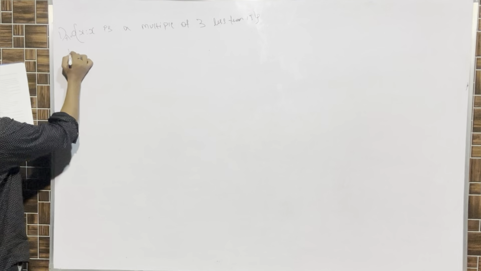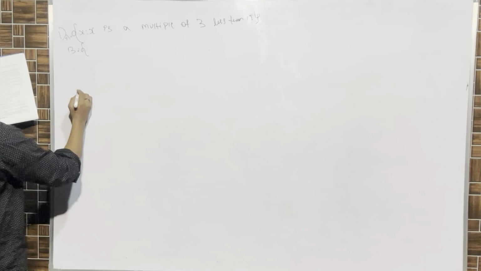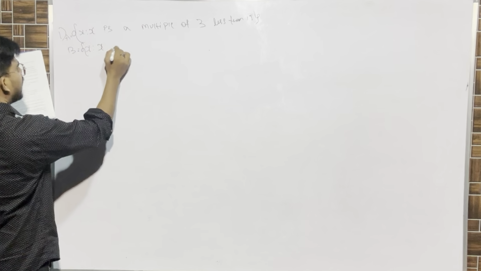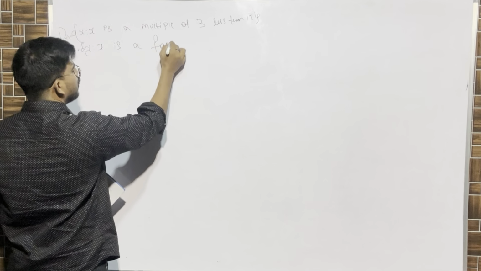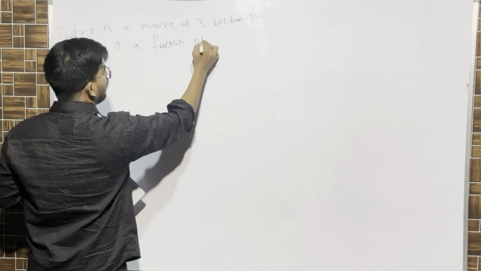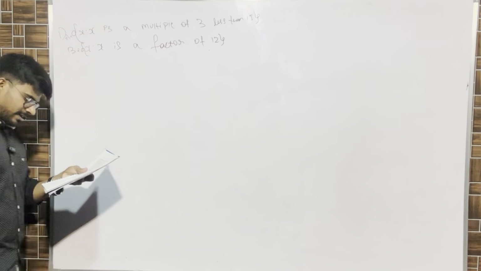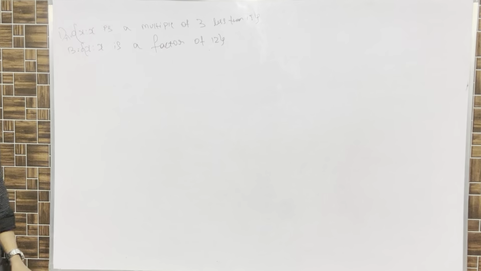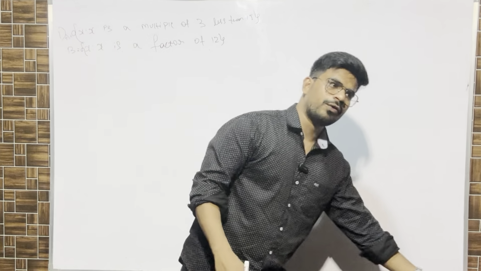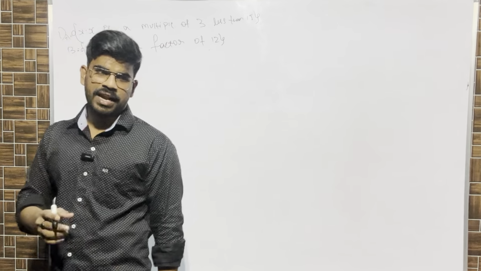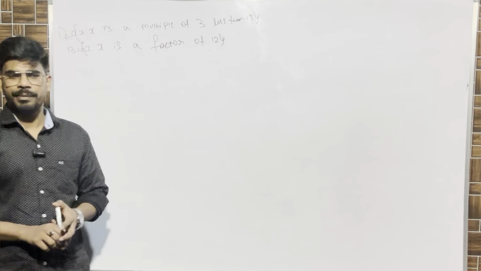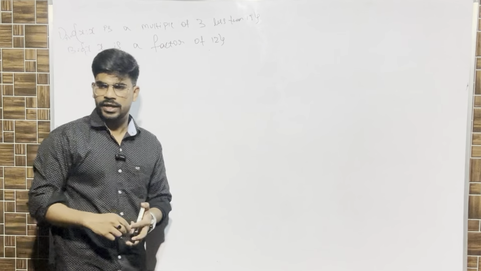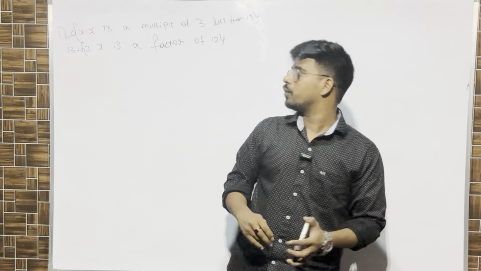Next, B is a set wherein x is a variable such that x is a factor of 12. Factors already have a certain limit. They will start from 1 and will end at 12. Factors will not go till infinity. It is multiples that go till infinity.